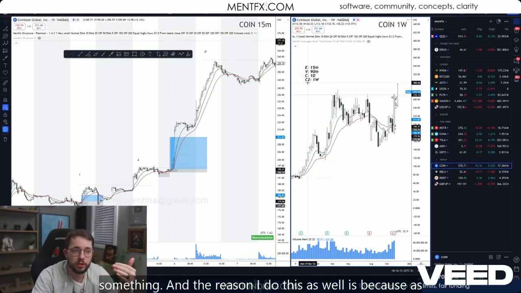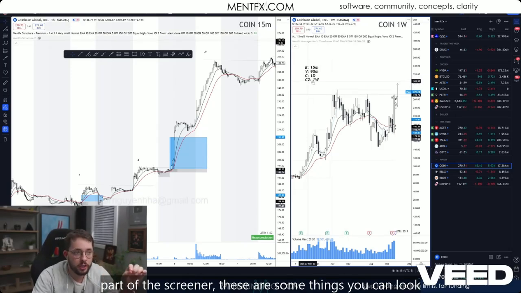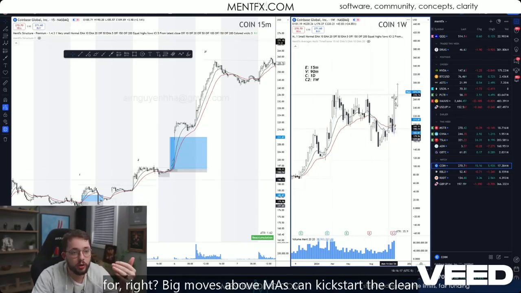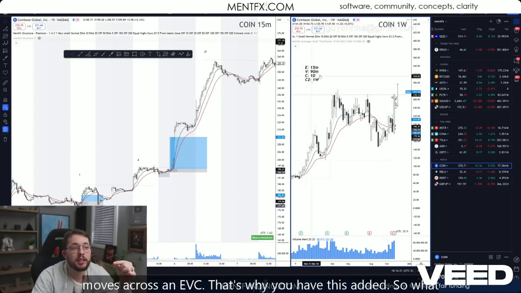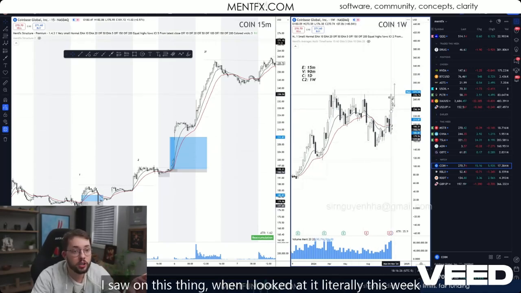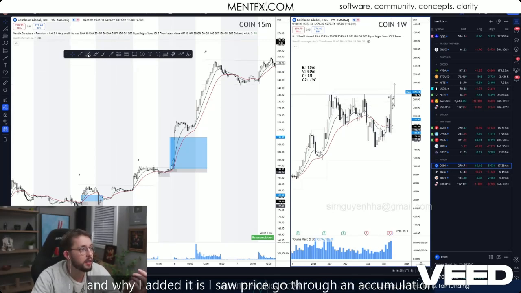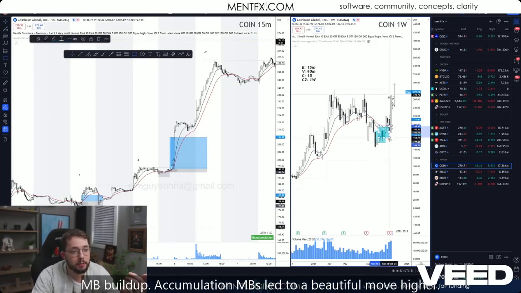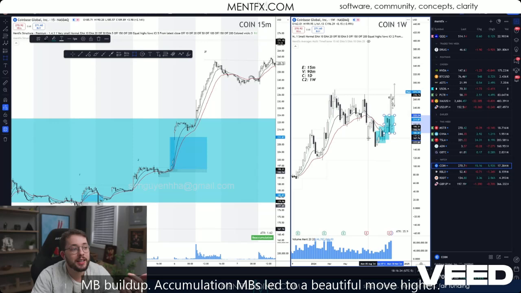And the reason I do this as well is because, as part of the screener, these are some things you can look for, right? Big moves above MAs can kickstart the clean moves across an EVC. That's why you have this added. So what I saw on this when I looked at it literally this week, and why I added it, is I saw price go through an accumulation MB buildup. Accumulation MBs led to a beautiful move higher.